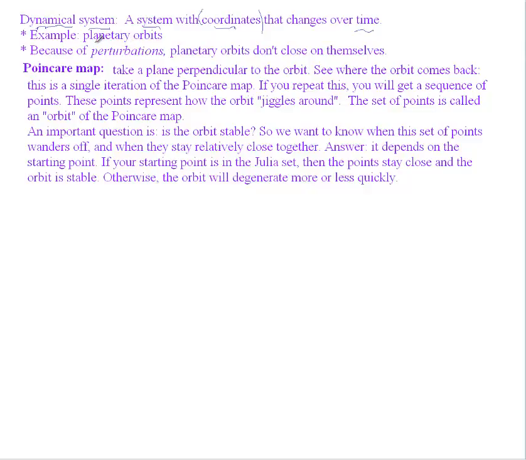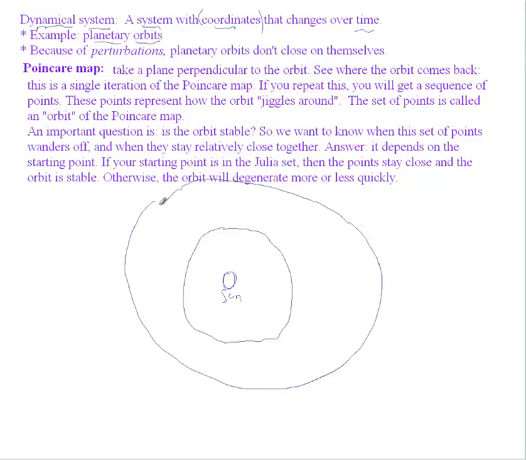For example, a good example of this, and historically important example, is planetary orbits. So suppose we take the sun here, and we have various planets orbiting around the sun. Now, you may have heard that planets orbit in elliptical orbits. It's called Kepler's law. It's not the greatest ellipse, but that would be one planet. You have another planet out here, and so on.